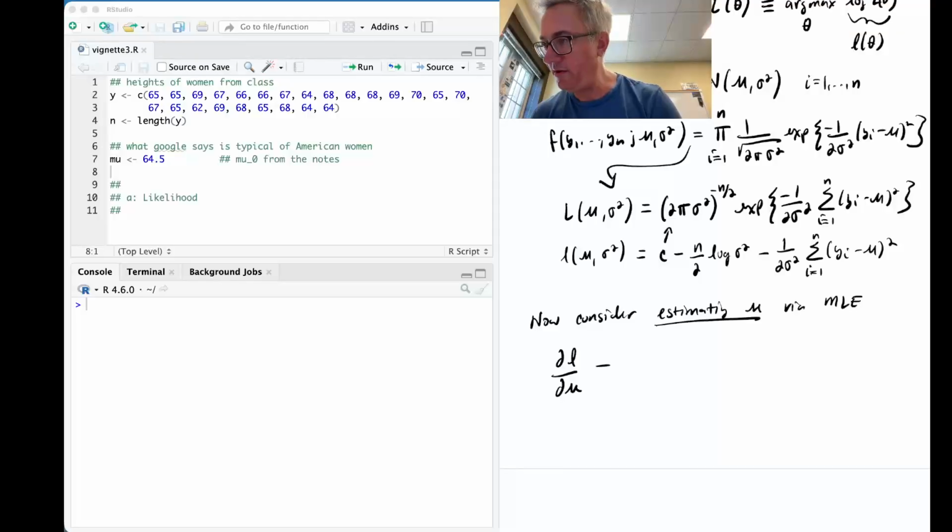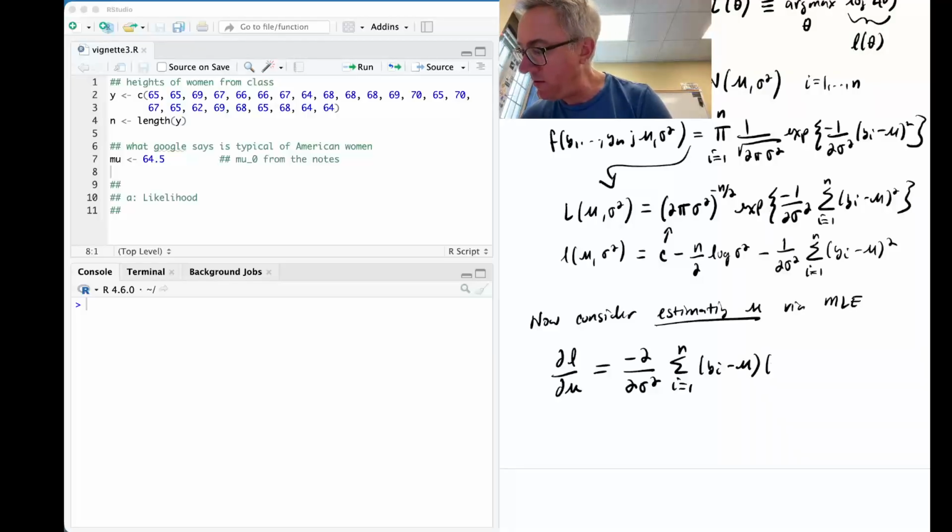The c doesn't involve mu and the log sigma squared doesn't involve mu, so the only thing that involves mu is the third term with the sum, and it's a quadratic, so I'm going to get a 2 coming down, so I'm going to get minus 2 over 2 sigma squared times the sum of y_i minus mu. The squared becomes a power of 1 with a minus 1 in front from the chain rule on the derivative of minus mu.